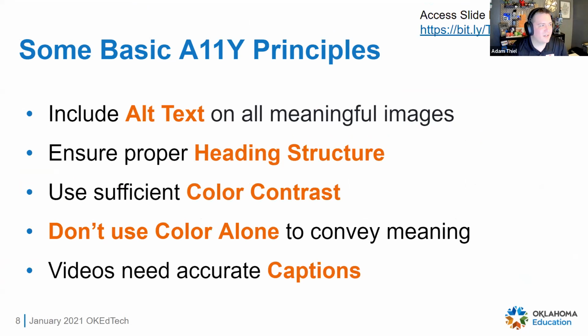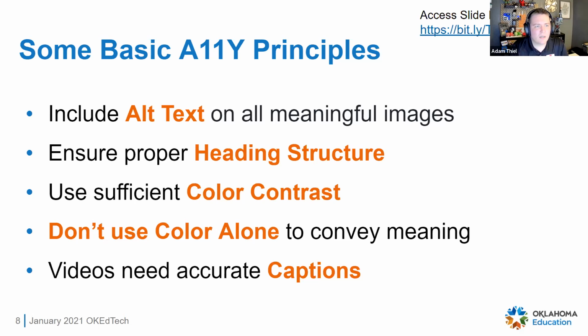Accessibility is kind of a deep rabbit hole once you really get into it. But if you keep these things in mind as you're creating your content, it enables you to better evaluate different tools that you find. And these principles can be applied broadly to a lot of different subjects.